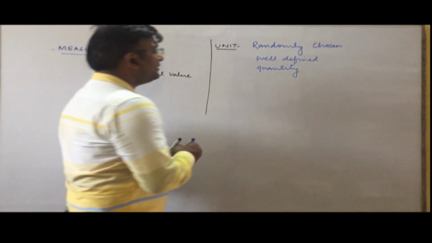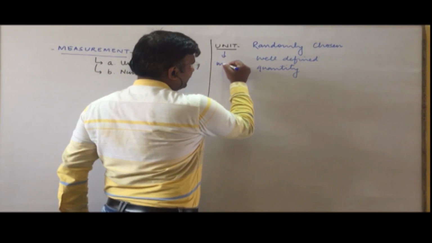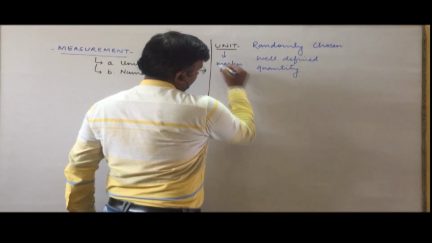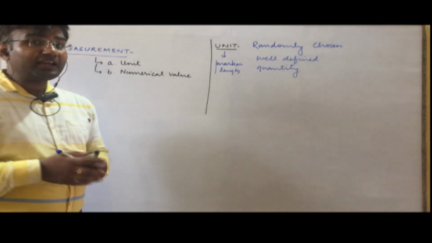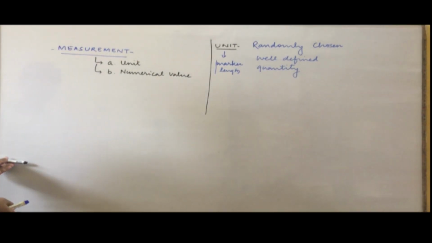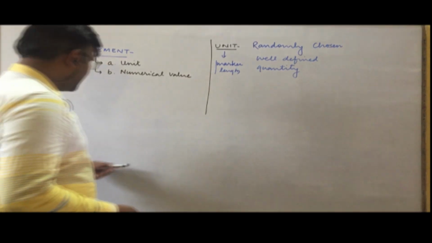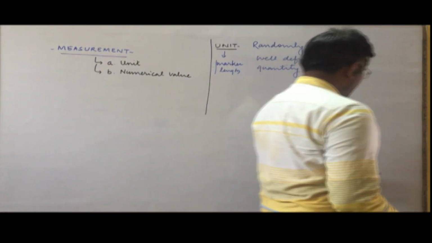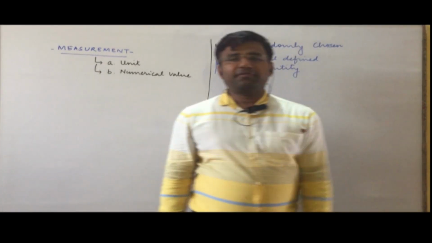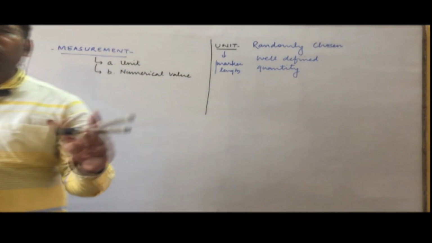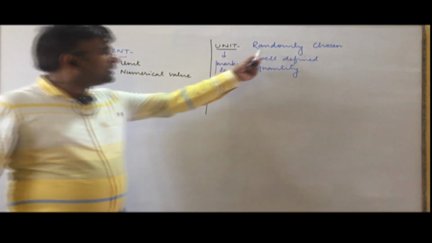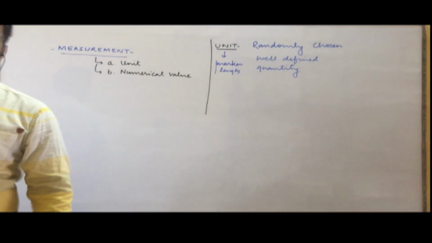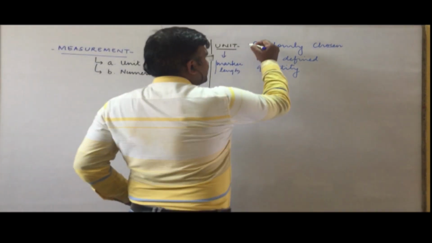So I am saying that the unit is a marker length. Now if I am taking marker length to be the unit, observe: 1, 2, 3, 4, 5, 6, 7, 8, 9, 9.5. No matter who uses this, every time they will take a marker, this will be about 9.5 marker lengths. So this is first.